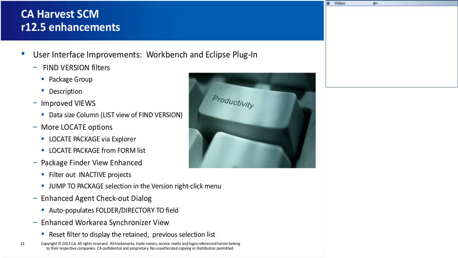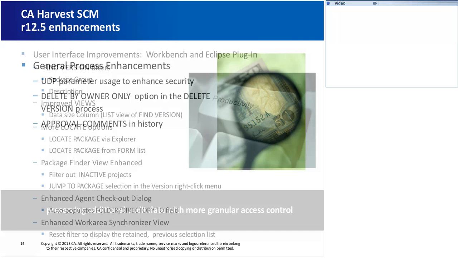And we've included a number of usability enhancements with 12.5. You'll see them all listed here. I won't go through them all in detail, but generally we've got some new filters, some improved views. We've enhanced the checkout dialog, the agent checkout dialog, and the work area synchronizer view, just as a sample.